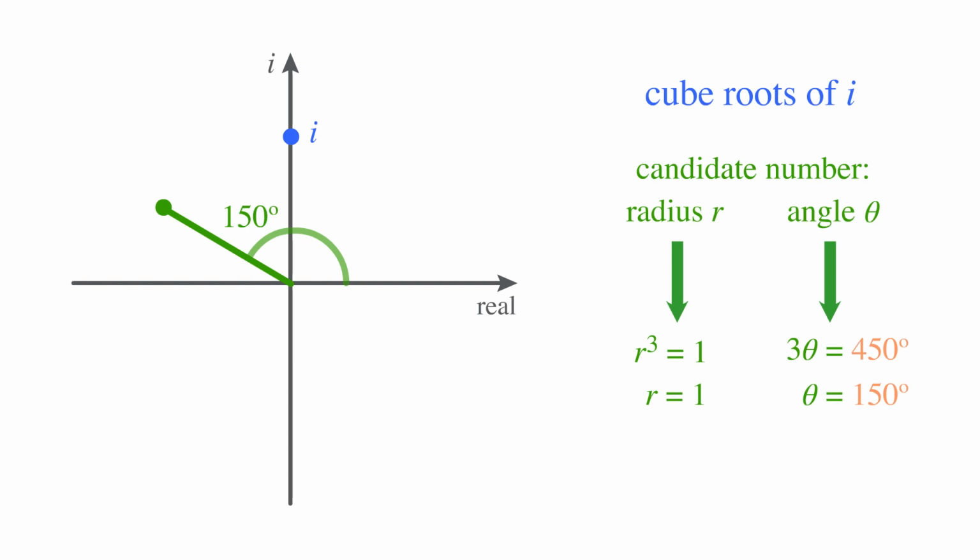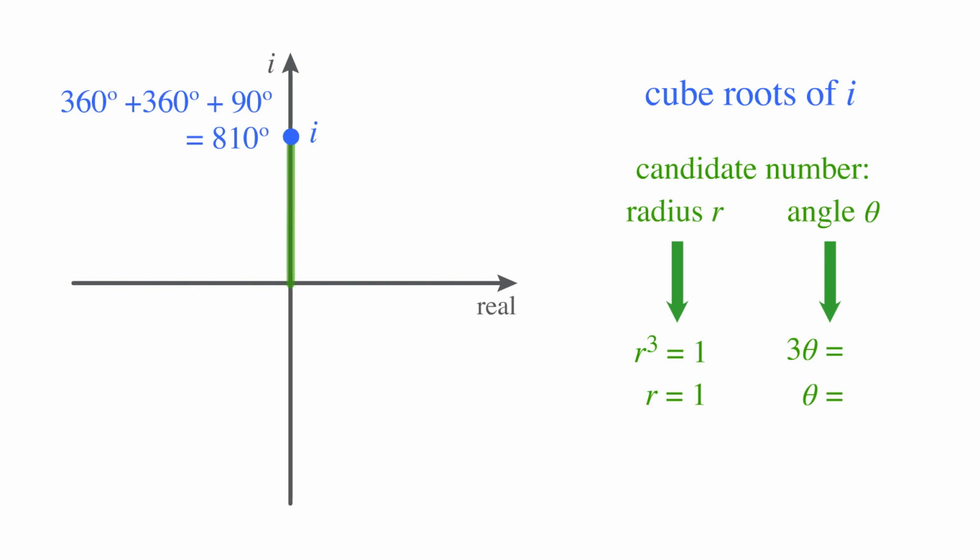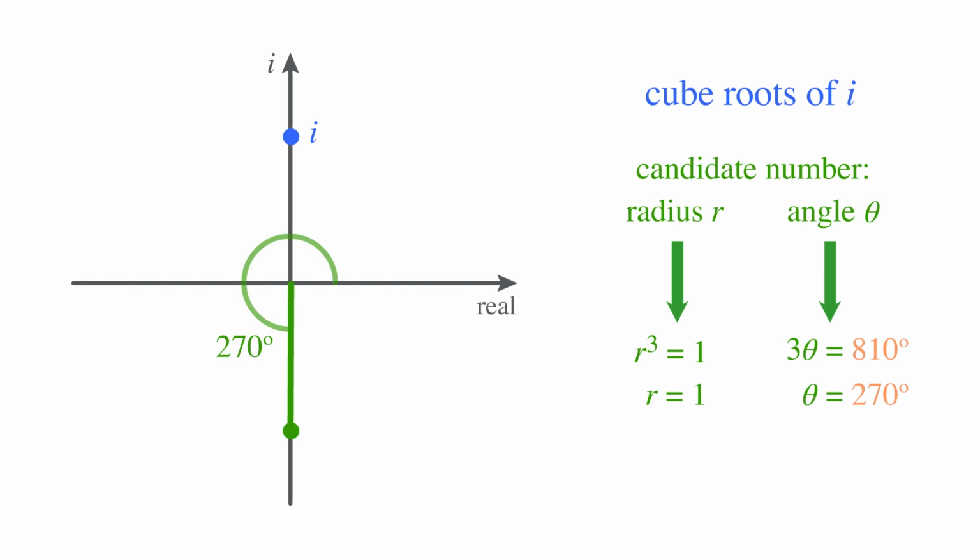Now we have a second root. Are there more? Suppose a candidate number landed correctly after completing 2 full revolutions. It would have wound through 810 degrees. Working backward, it must have started with an angle of 810 divided by 3, namely 270 degrees. So we found a third one.